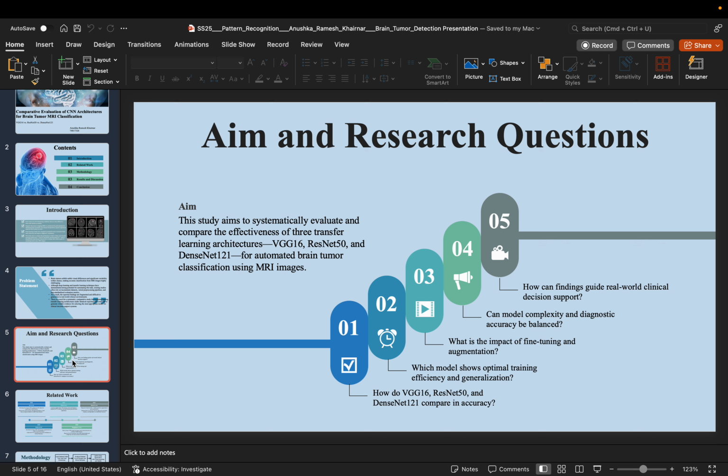Then the second question is, what is the impact of data augmentation and fine tuning? Can these models generalize well to unseen data? And which model would be best suited for clinical decision support?